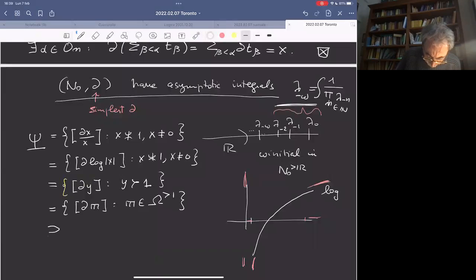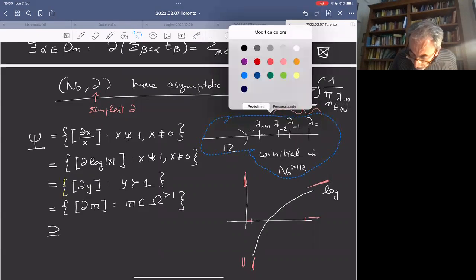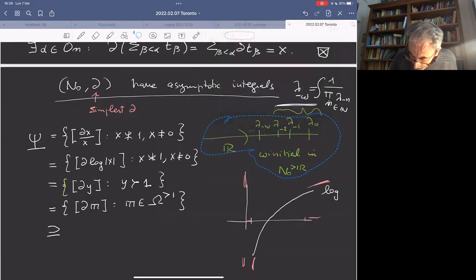Now, by this picture here, which maybe I should color green, by the green picture, the infinite monomials, this is co-initial.